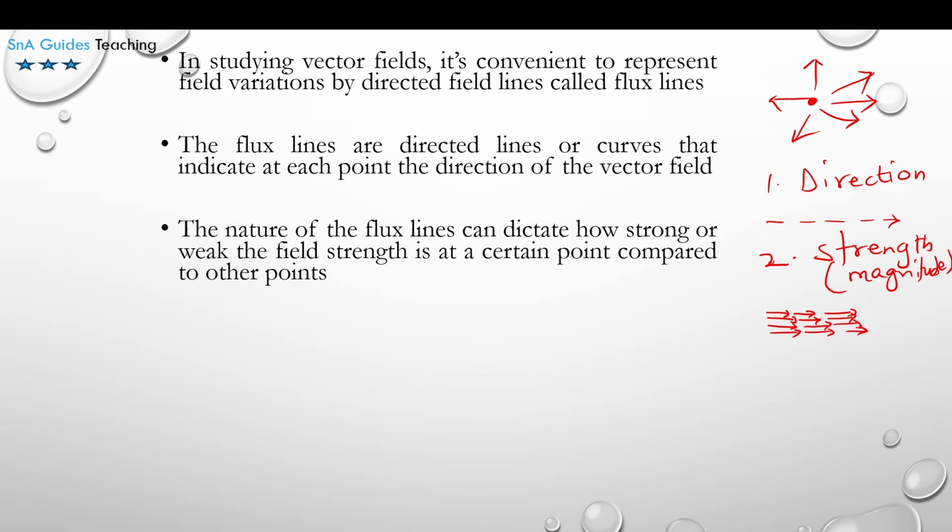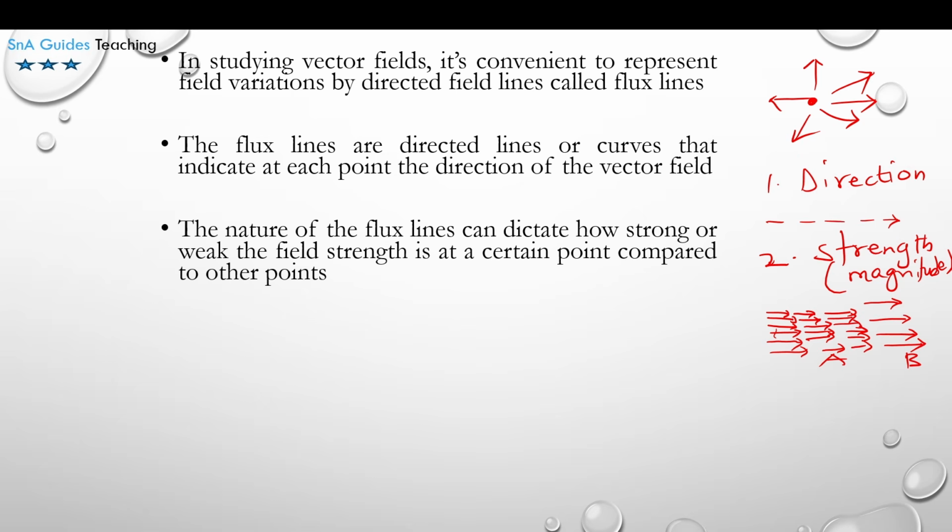Okay, but for a weak field, the lines are far apart. So A is a strong field and B, the field lines are weak.